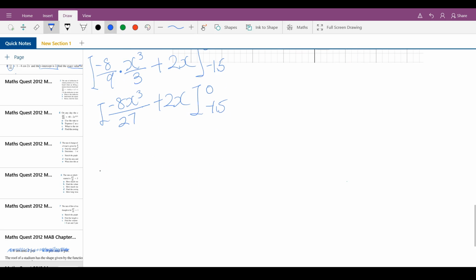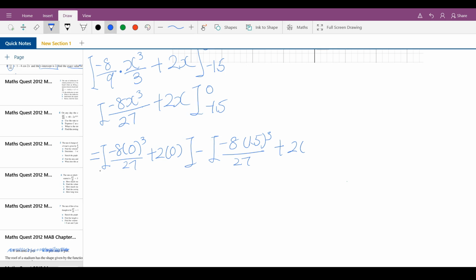All right, so we can sub those two values in. 0 first, because it's on the top, then minus the one on the bottom. So this is 2 times negative 1.5. The front bit will become 0, and the 2x part becomes 0 here.